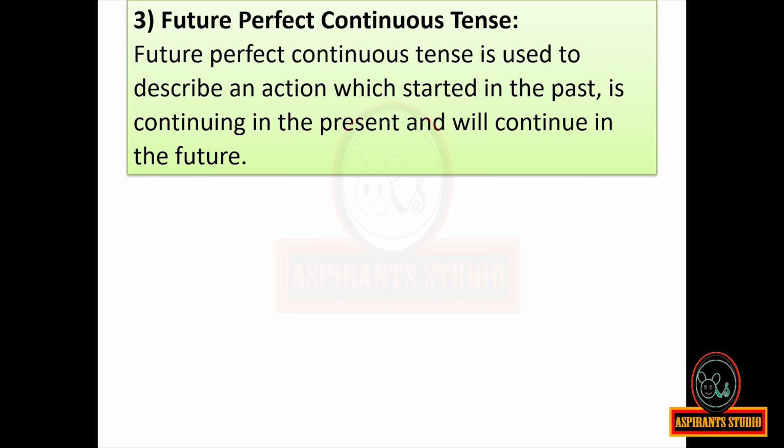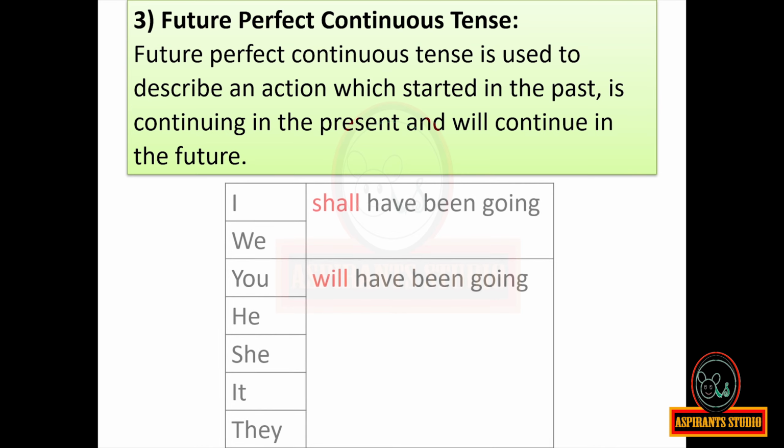Future perfect continuous tense. Future perfect continuous tense is used to describe an action which started in the past, is continuing in the present, and will continue in the future. For I and we, shall have been going.